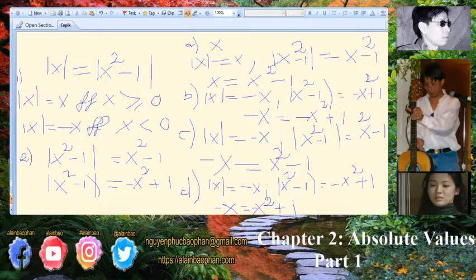This one actually equals number B, number D. See right here? B and D are exactly the same equation, so we can combine these two cases.